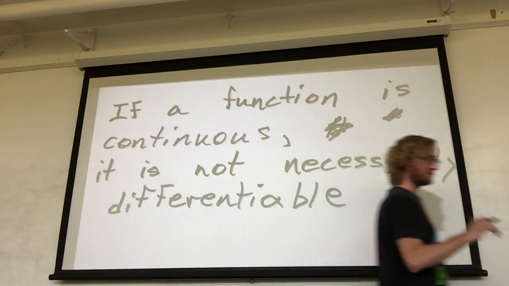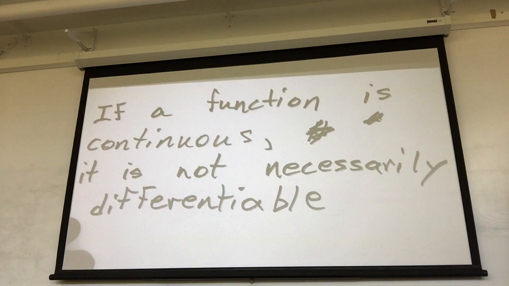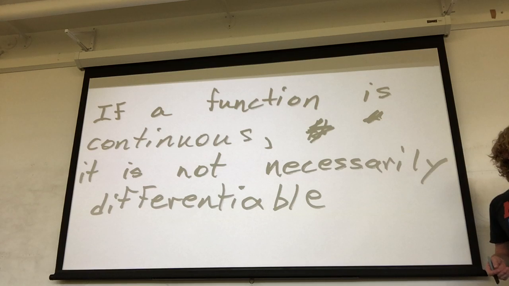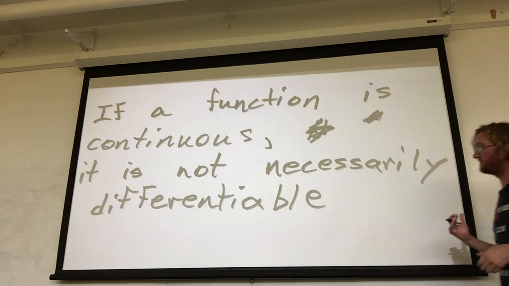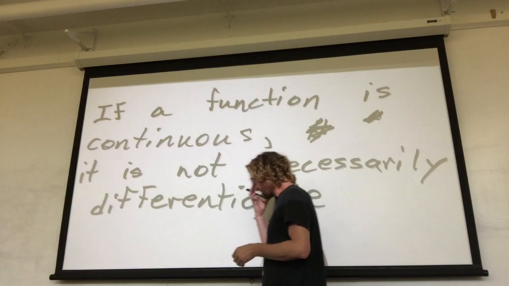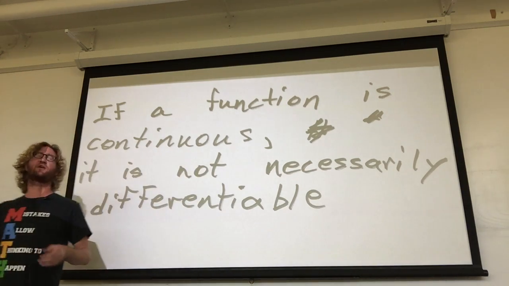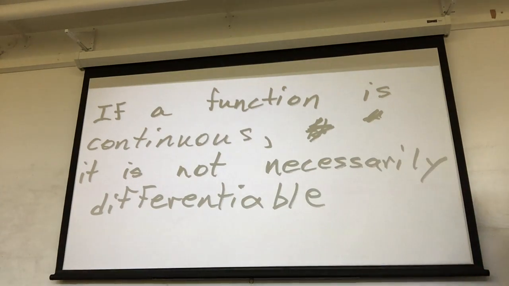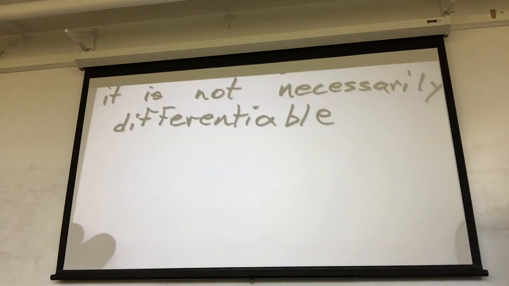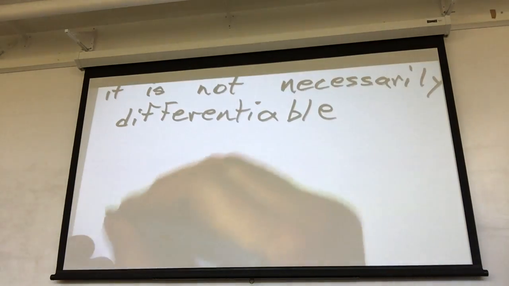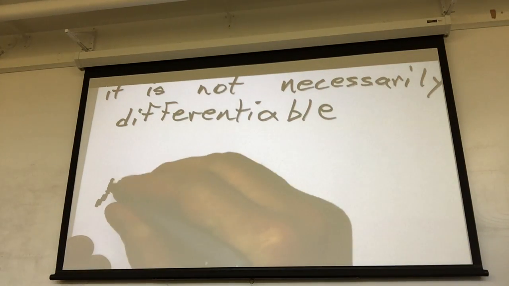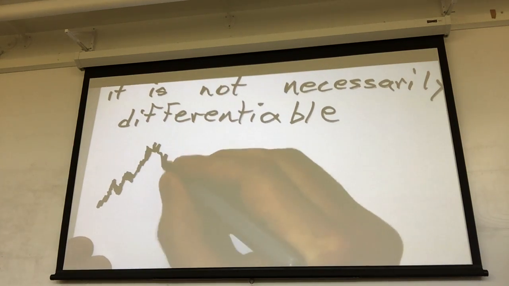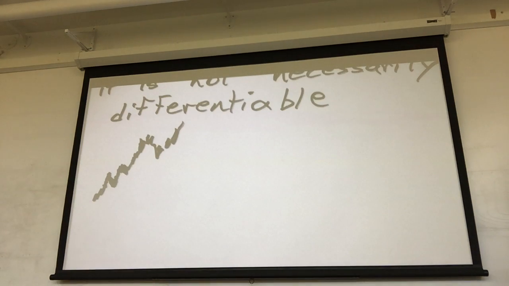One way to think about this is, okay, so for a function to be continuous, it just has to be connected, okay? For a function to be differentiable, it has to be connected and smooth, right? So, I think we've actually talked about fractals in the past, but if we took a function that looked like this, you can kind of think about the stock market.